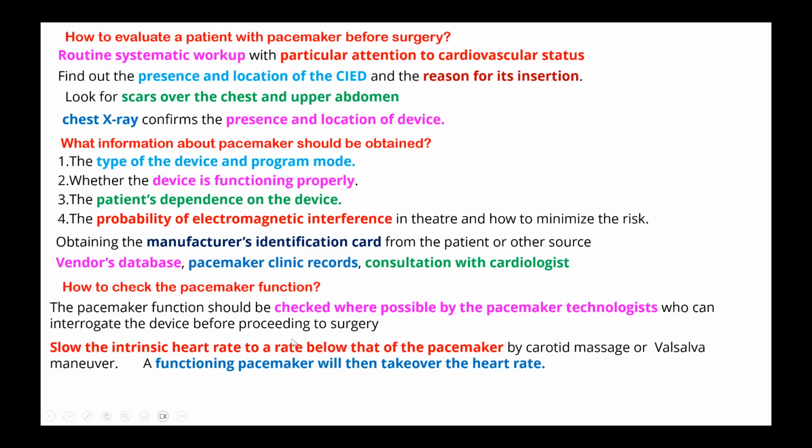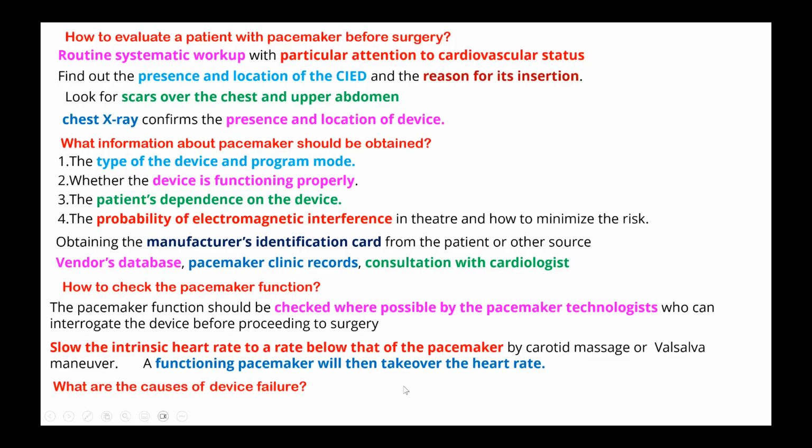Bilateral carotid massage is one of the treatments for SVT. Whenever supraventricular tachycardia is there, you can do bilateral carotid massage at the bifurcation to stimulate the carotid bodies. That will lower the heart rate. So the same thing you can try to find out whether the pacemaker takes over.